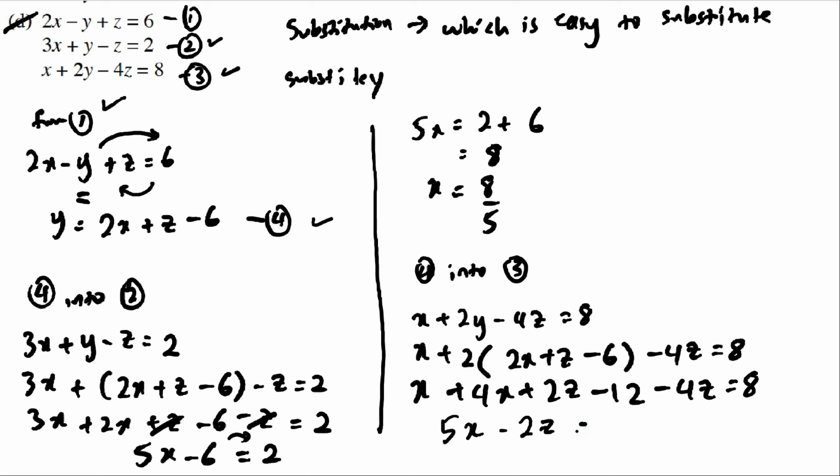Which is equal to minus 12 is equal to 8. 5x minus 2z is equal to, so negative 12, we move to the other side, 8 plus 12, we get 20.